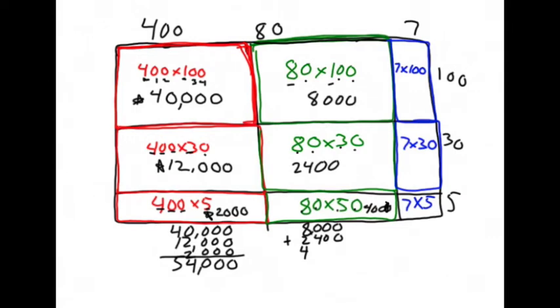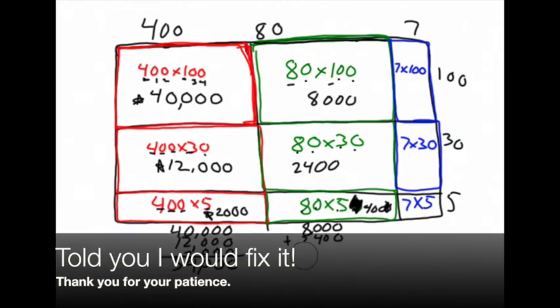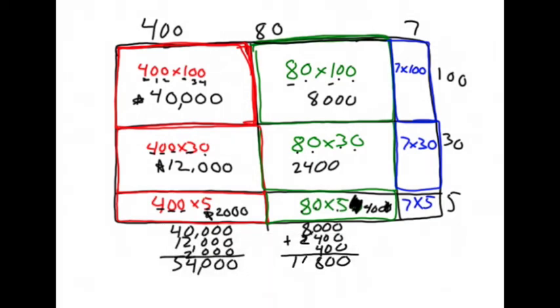Oops, this should be 400. This is not 50, it's 5. Hopefully you caught that. I knew something was wrong there. Okay, now that we got that straightened out, 10,800 is the total for the green 80 boxes.